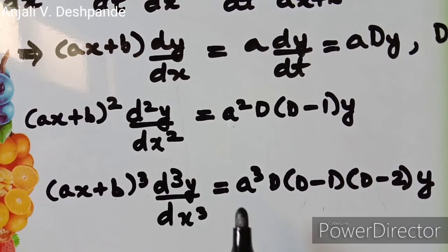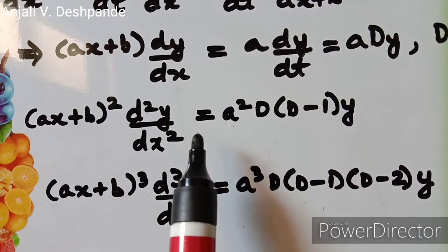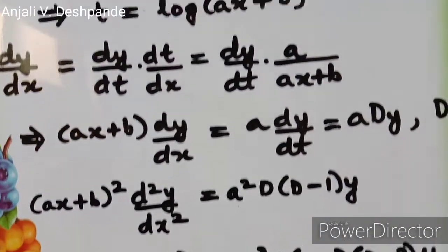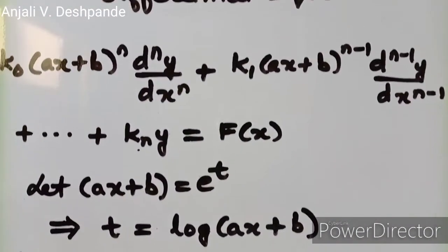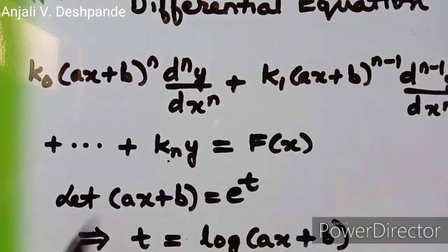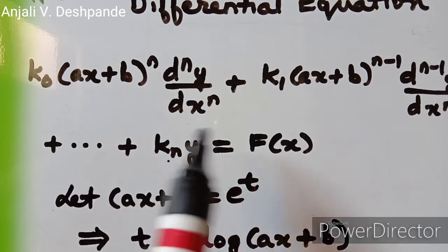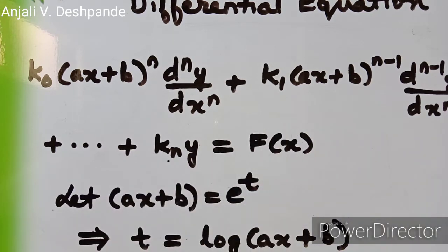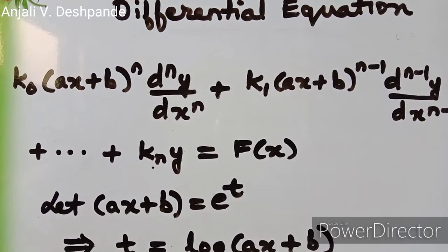So what we have to do is use these substitutions in the given Legendre's linear differential equation. Then this differential equation will get converted to the linear differential equation form, and then we have to solve it as usual by finding the CF and the PI.